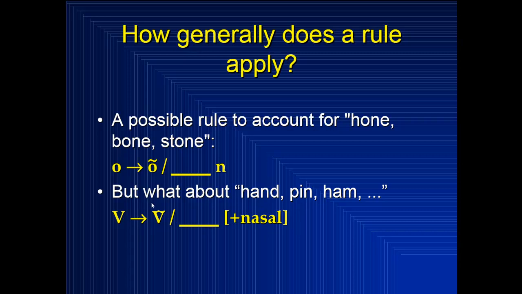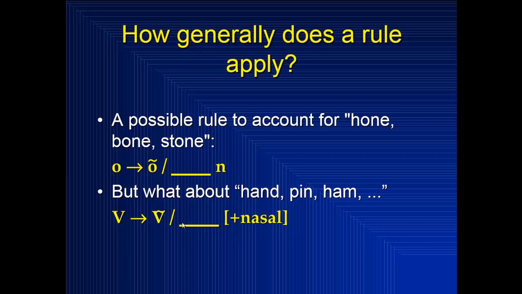Which means that we can have another general rule which is not just about the vowel O, it can be about all vowels. It should generalize across all vowels here. So a vowel becomes nasalized, any vowel can become nasalized in the context where it is followed by a nasal sound.